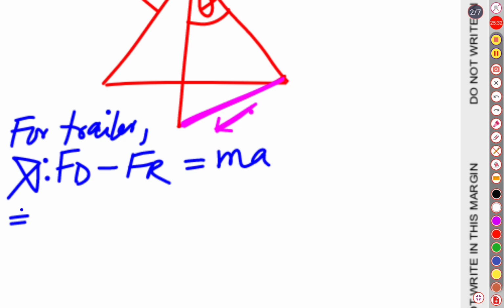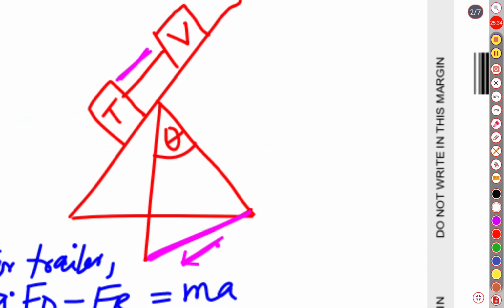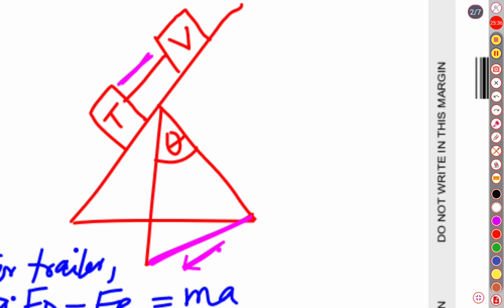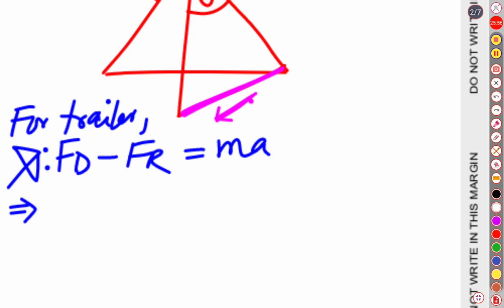Driving force for the trailer: if we look at the trailer, it is being pulled upward by the van. So this tension is the only driving force or forward force for the trailer. T is the driving force, and the frictional force is unchanged.